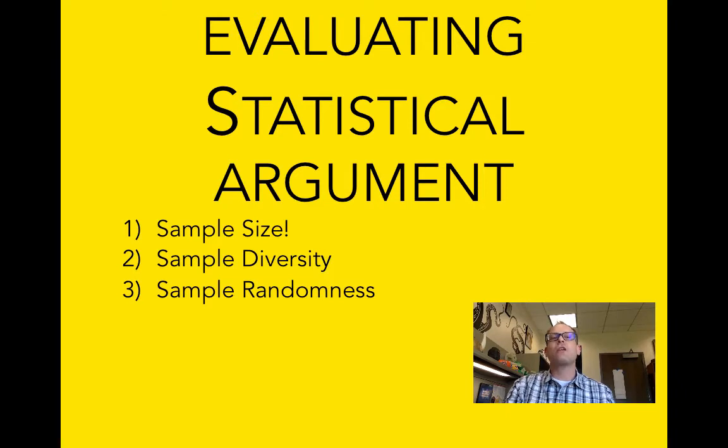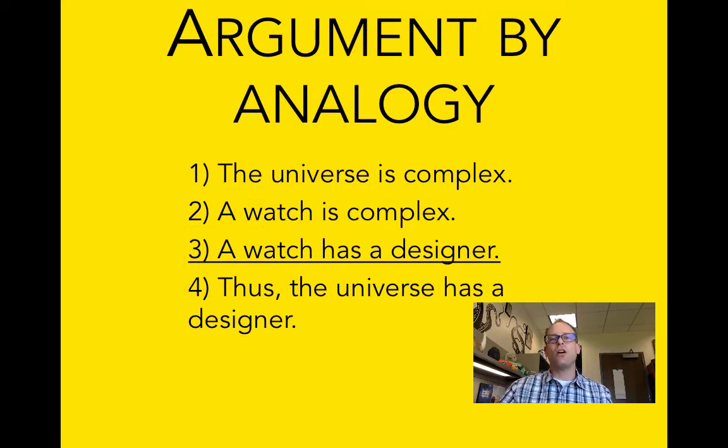So these are 3 criteria here for evaluating a statistical argument. Remember, sample size, the bigger the better. Sample diversity, the more different the better. And sample randomness, the more random you select these people, the better, because the less likely you are to get a subgroup.